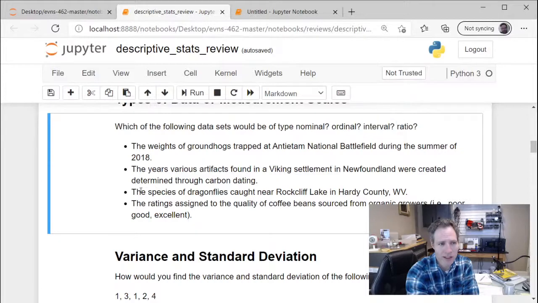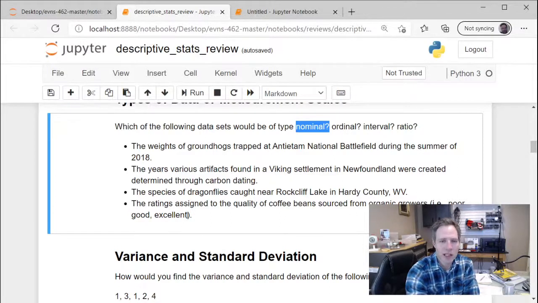All right, next, the species of dragonflies caught near Rockcliffe Lake in Hardy County, West Virginia. So species are nominal data types. Okay. The ratings assigned to the quality of coffee beans sourced from organic growers, i.e. poor, good, and excellent.